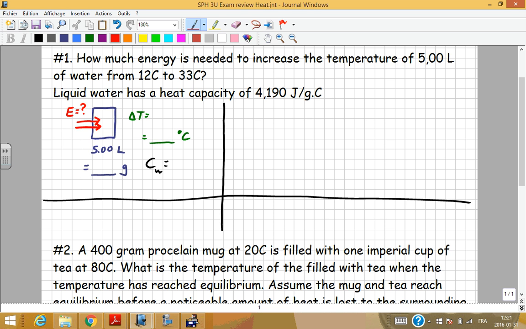We need to know how many grams because that heat capacity is measured in joules per gram per Celsius. In this case, each liter contains 1,000 milliliters. So 1 liter equals 1,000 milliliters. And for water, it's really important to know that 1 milliliter is the same thing as 1 gram.